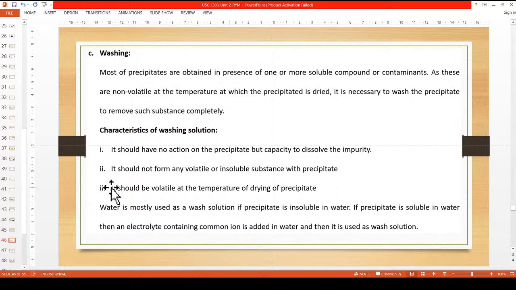Okay, क्योंकि अभी फनल पे रहेगा ना प्रेसिपिटेट, तो प्रेसिपिटेट के ऊपर जब आप लोग washing solution डालते हो, तो that washing solution should not take away your precipitate. It should selectively dissolve impurity.